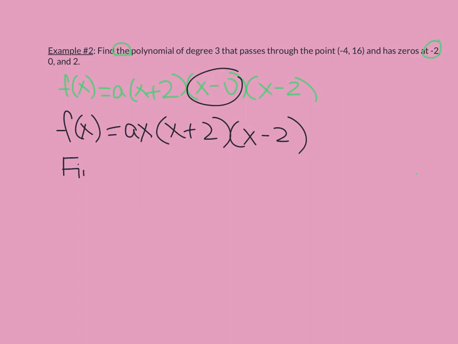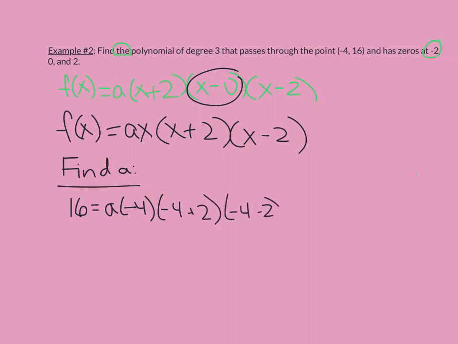So we're going to find a. In order to find a, we need to use that point -4, 16. So I'm going to make it 16 equals a times -4 times -4 plus 2 times -4 minus 2. So if I simplify that, I get this right here.